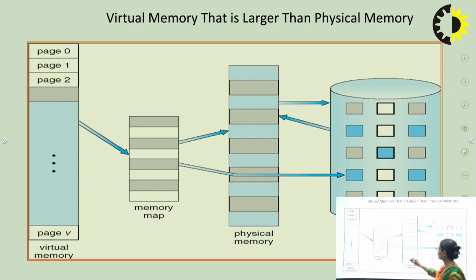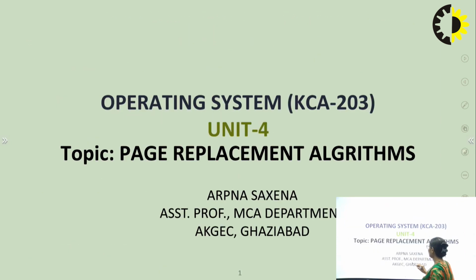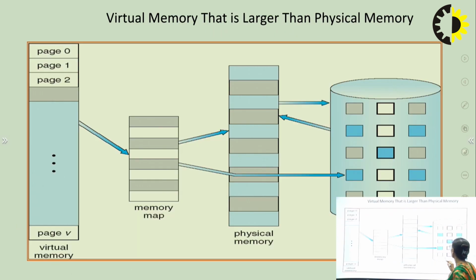Few of the pages are residing in the physical memory, whereas this is the backing store, and here the whole process is residing. So now we can say that the virtual address space, that is the logical address space, is much larger than my physical address space.